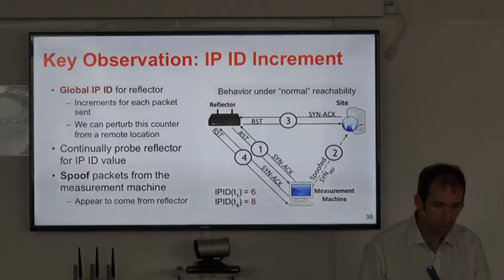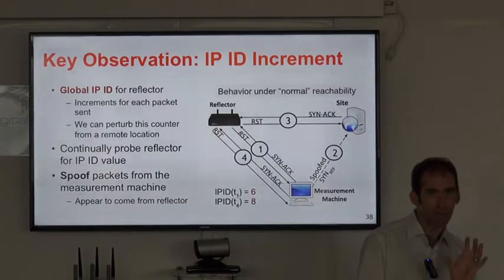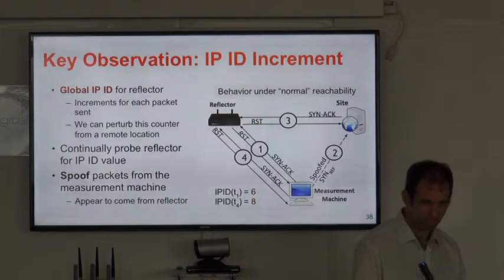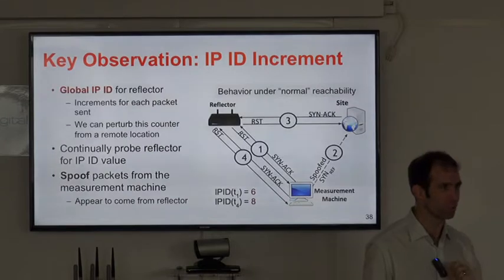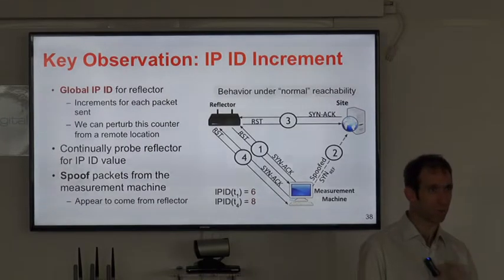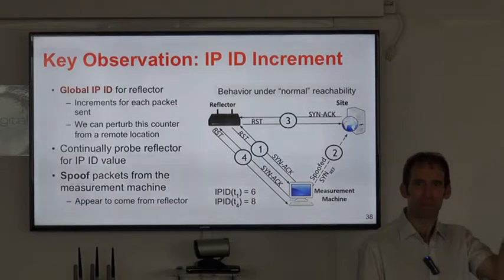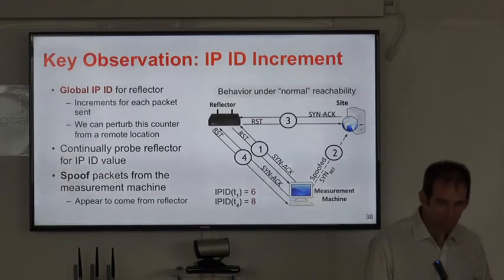The basic idea is that if you can find machines that have that property, you can induce that machine to generate packets. We know how to cause a machine to send a packet back to us in many different ways. We're going to use TCP: we send a SYN, and that machine is going to send a SYN-ACK.